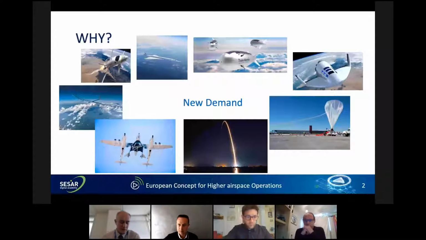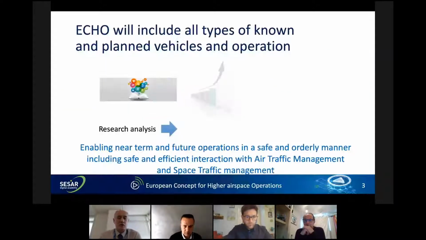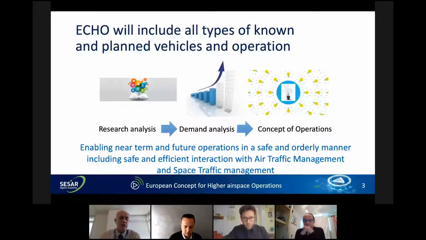So we have identified that it is really needed to have a look at how to include all those types of known and sometimes only planned vehicles and related operations, in order to enable, in the near term for the beginning and then in the future, operation in this higher airspace in a safe and orderly manner.